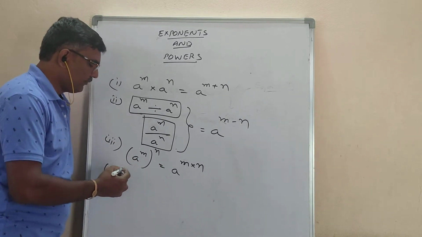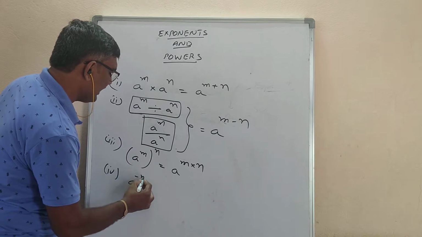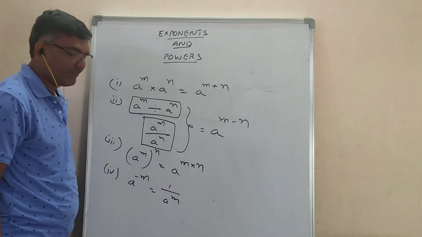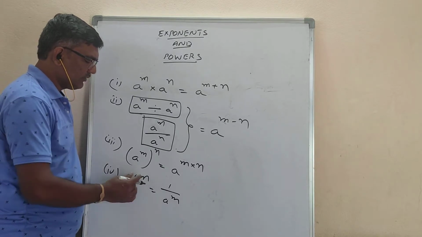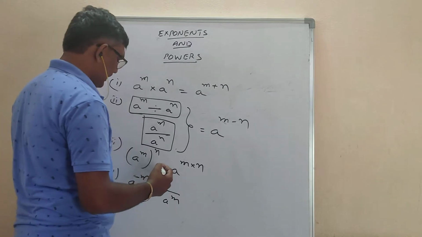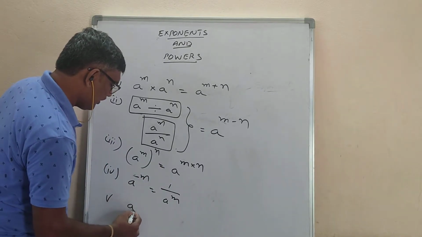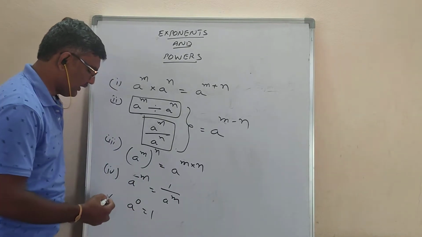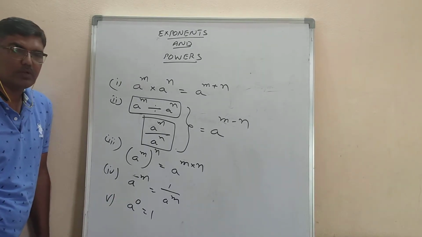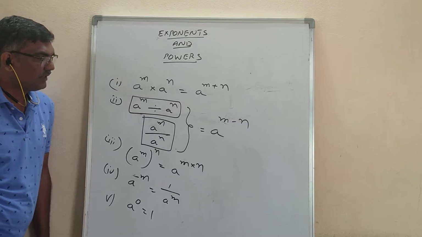They are a to the power of minus m is equal to 1 by a power m. Next rule is a to the power of 0 is equal to 1. Any base, if its exponent or power is 0, its value is equal to 1.